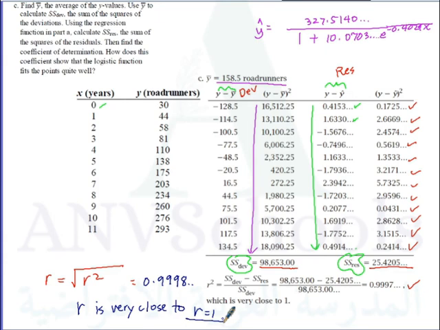And therefore, this shows that the logistic function fits the points quite well, right? So therefore, we could take the logistic regression function as the proper function for this data, the population growth of the roadrunner. So that's it for regression for nonlinear data.